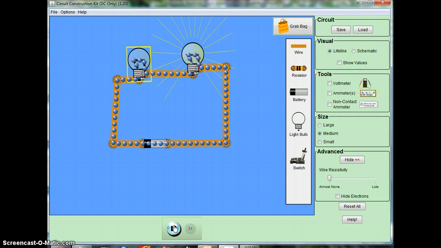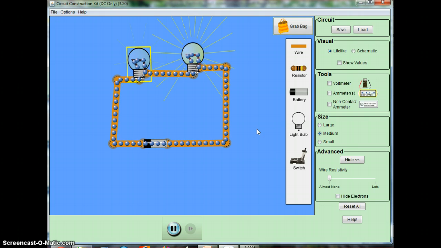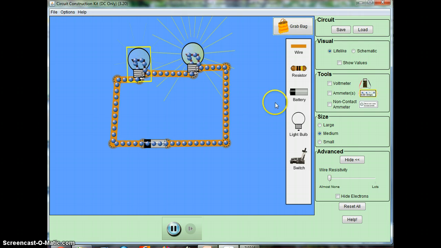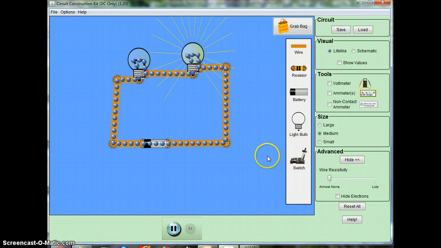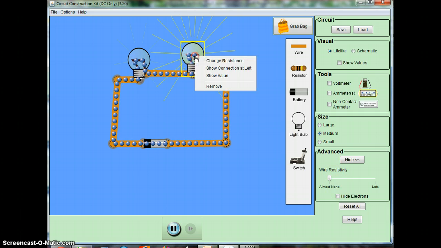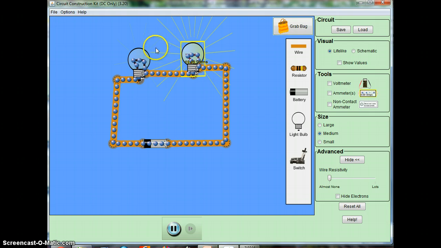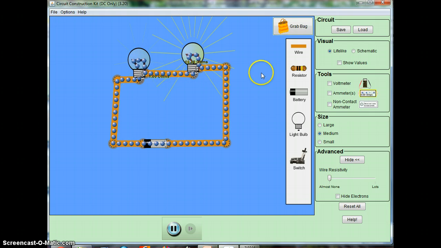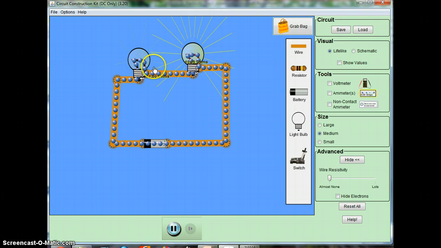So the one that had the higher resistance has that smaller filament, so it's actually getting squeezed through that smaller filament and it's making it glow brighter. So we could actually, I think, maybe show the values here. Alright, so you can see that the higher resistant bulb is actually glowing brighter than the lower resistant bulb.